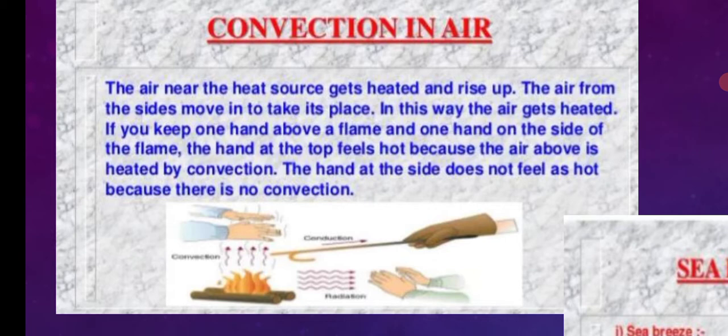If you keep one hand above the flame and one hand at the side of the flame, the hand at the top feels hot because the air above is heated by convection. The hand at the side does not feel as hot because there is no convection.